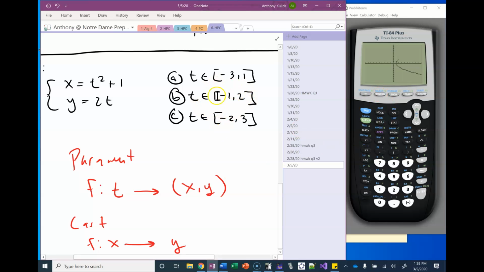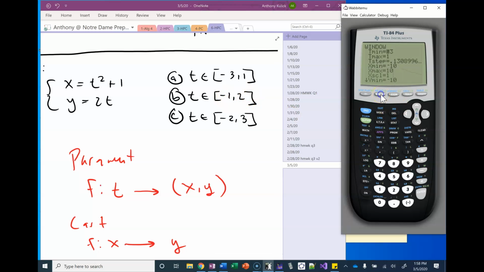So let's go ahead now and change that parameter interval to -1 and +2. So to do that, I'll go back to my window and change my t-min to -1 and my t-max to +2. And then hit graph again.